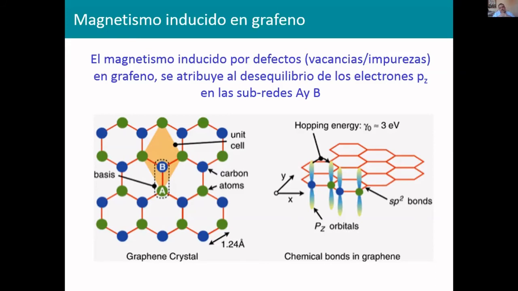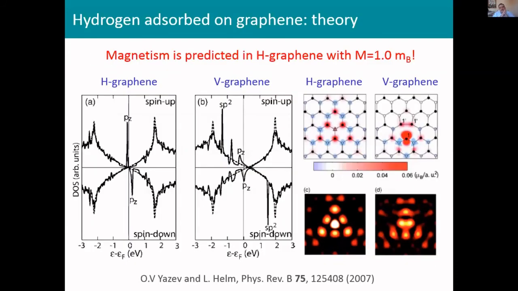And to start, let me review some historical and interesting results about the magnetism induced by specific impurities in graphene. In this slide, we can see the main results from Yazyev in 2007, predicting based on ab initio calculation, I remember probably using the SIESTA code, for hydrogen adsorbed on graphene, and for the case of the vacancy, this is not vanadium, sorry, it's vacancy, the single vacancy in graphene.